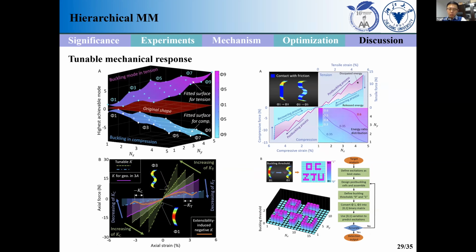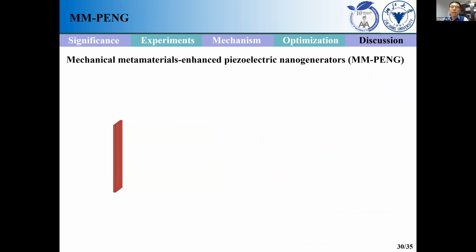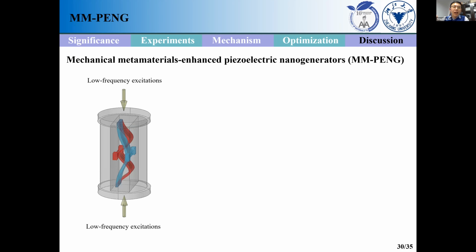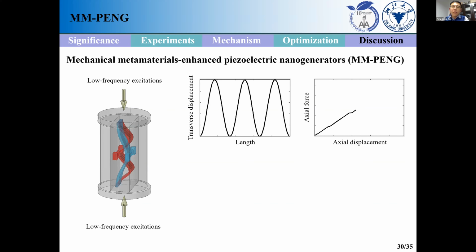And so here is the application in sensing. Next, I will talk really quickly about the application in energy harvesting using mechanical nanomaterials. So imagine we have a plate in the middle, and we place the plate between bilateral constraints under axial loading. It's going to buckle, right? The plate is going to buckle to the first mode and the third mode.